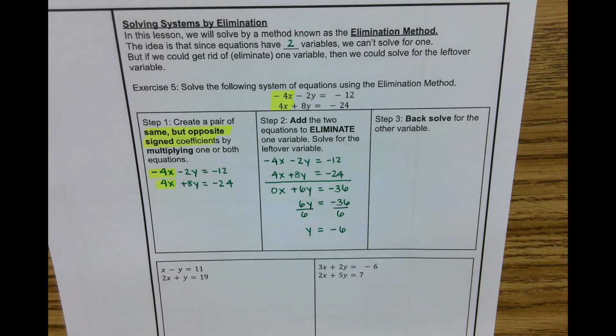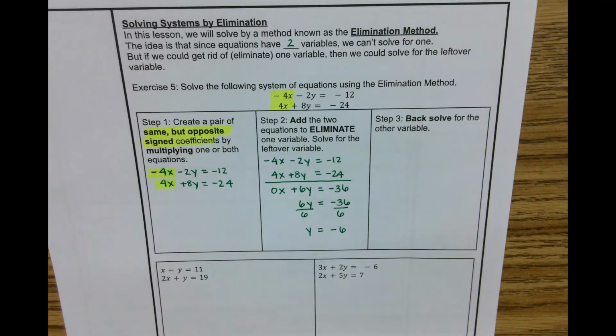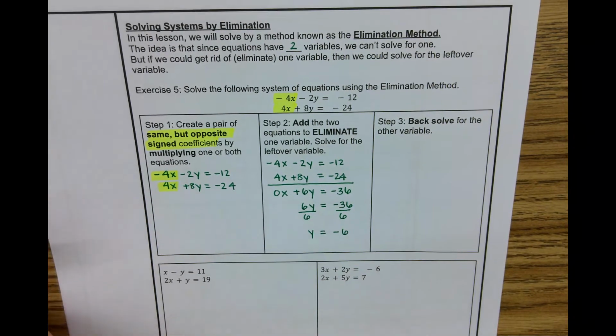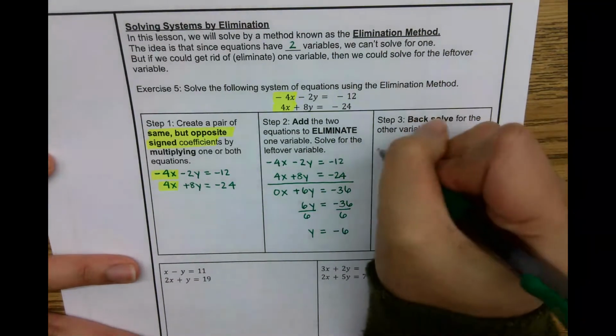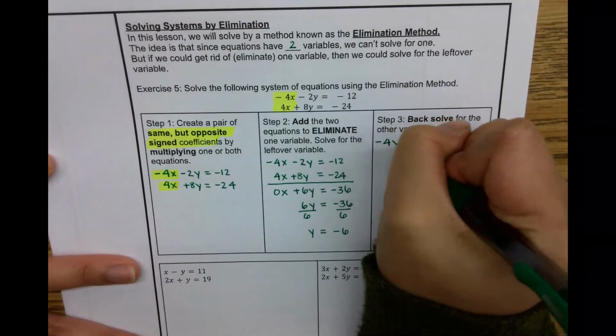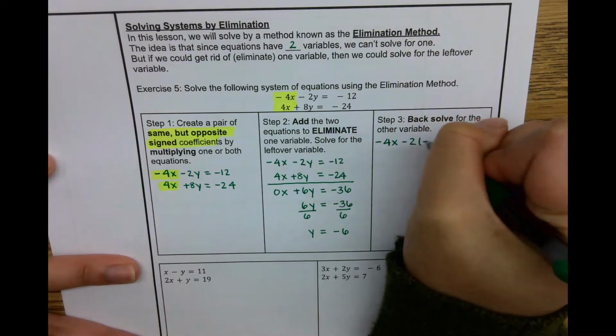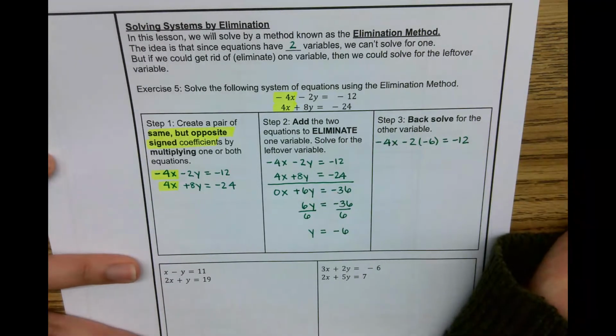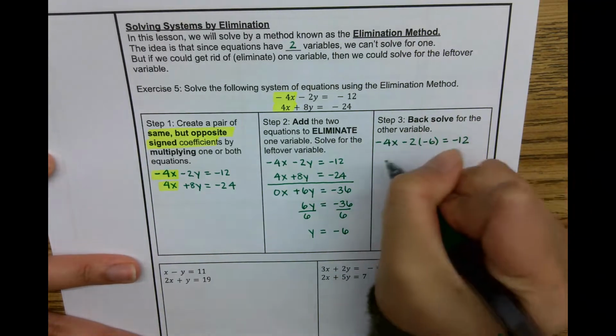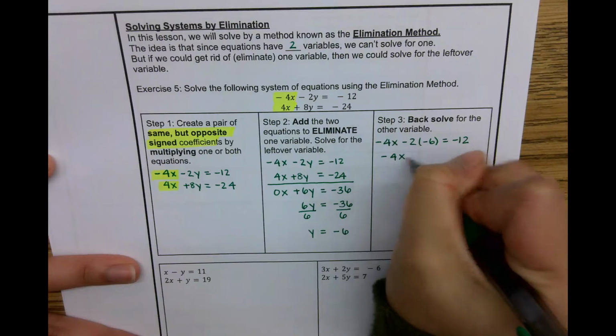Okay? Now that I have y equals negative 6, I can plug it back in to solve. Right? So I'm going to plug in negative 6 for y here. Okay, so negative 4x minus 2 times negative 6 equals negative 12. Okay, then simplify. Negative 2 times negative 6 is positive 12.